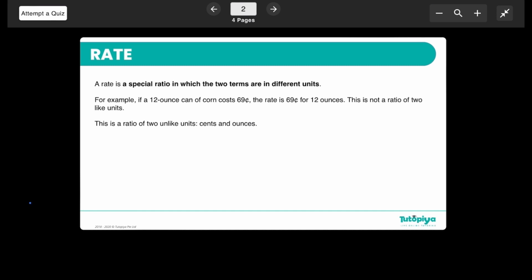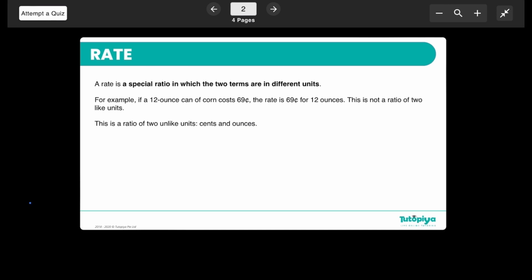This is not a ratio of two units, right? Because a ratio is usually like, okay, if I have 5 sweets, and 2 sweets stay with me and 3 sweets were given to my son, then the ratio is 2 to 3. In that case, we're talking about the same thing. But here it is not the same thing.